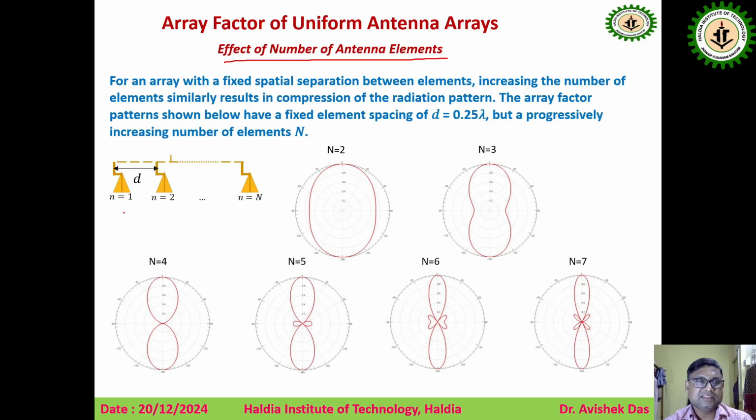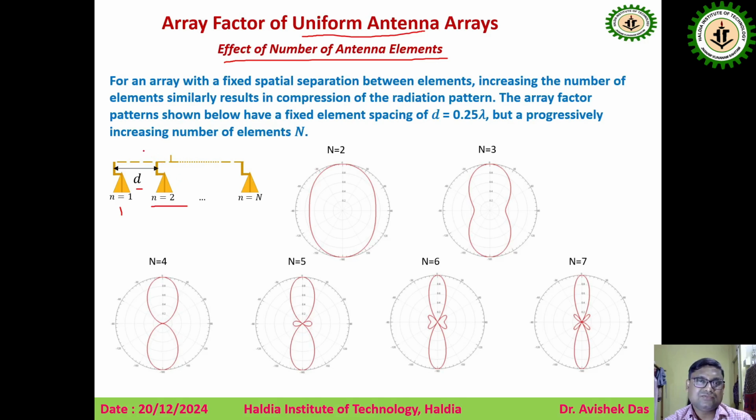Look here in the figure: this one is antenna 1, this one is element 2, up to n number of antenna elements are placed, and the distance between any two elements is d. Since the distance between each pair of antenna elements is d and it is fixed, it forms a uniform linear antenna array.